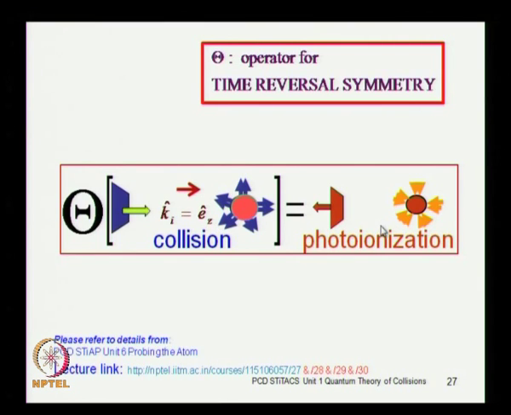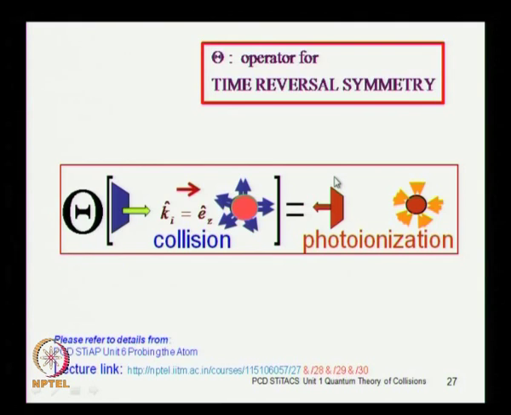In a photoionization experiment, you do not have an electron in the initial state at all. You just have an atom which absorbs a photon, and as a result of energy conservation subject to certain selection rules, angular momentum and so on, the electron escapes into the continuum, and it escapes as a free electron represented by a plane wave.